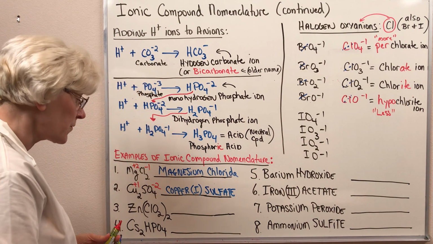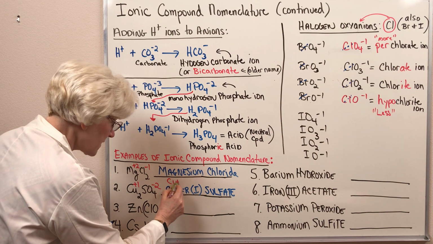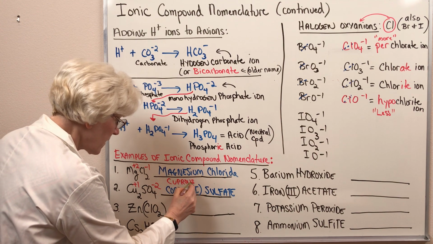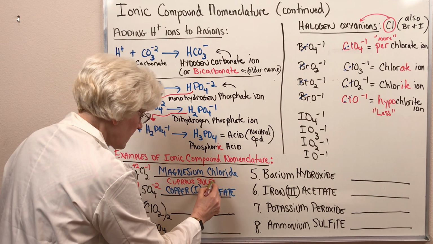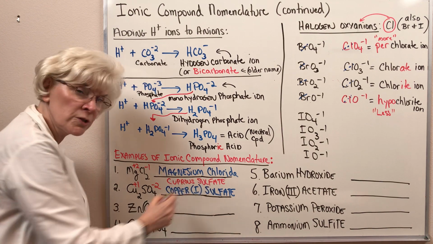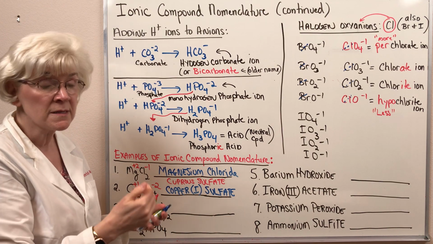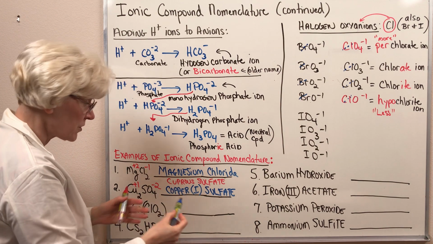You could also use the older name cuprous sulfate to name this compound, but the older nomenclature system is not the preferred system for you to adopt for your own personal use.